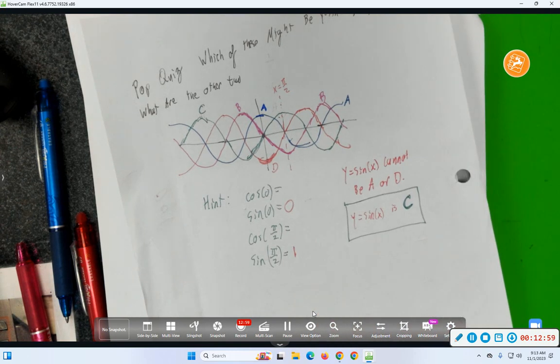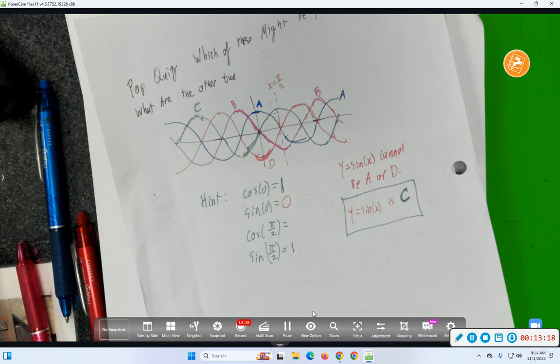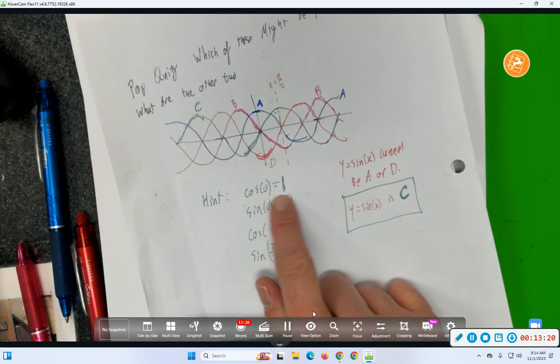Could we play the same game with cosine? Probably. Let's play the same game with cosine. What's the cosine of 0? I hear a 1. People agree? All right. So, that means y equals cosine of x must pass through x equals 0, y equals 1.